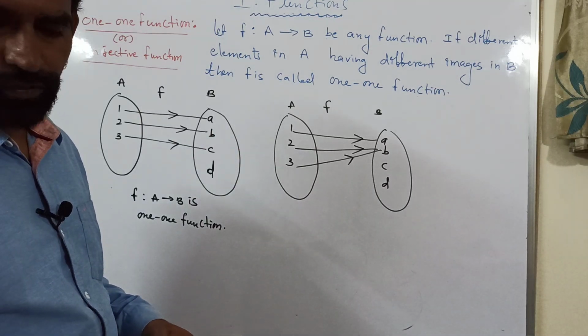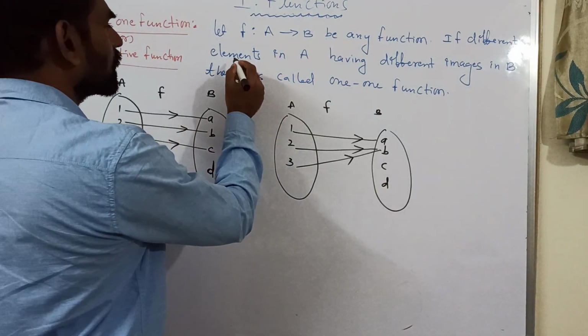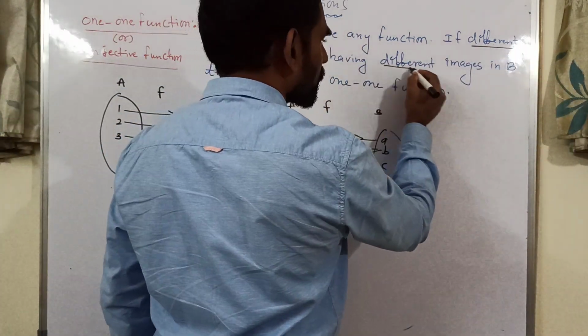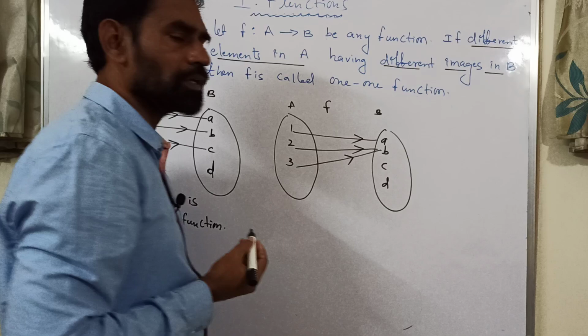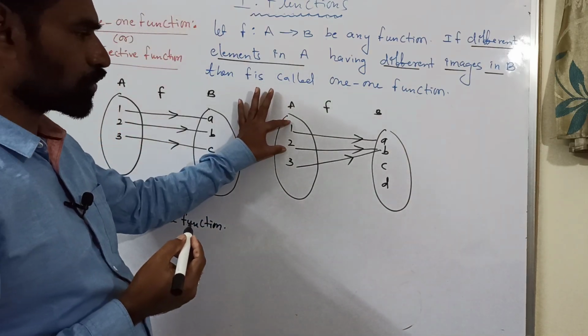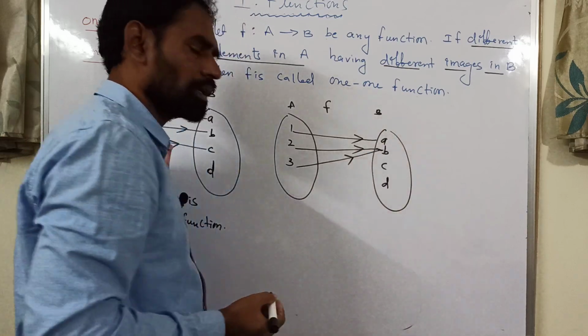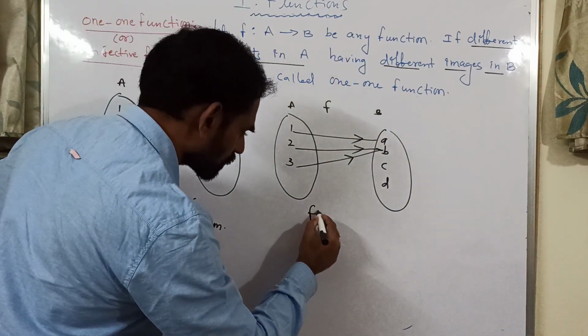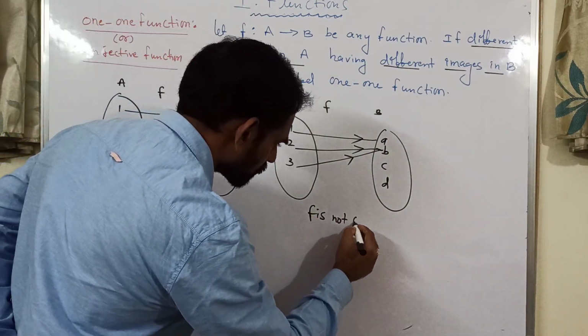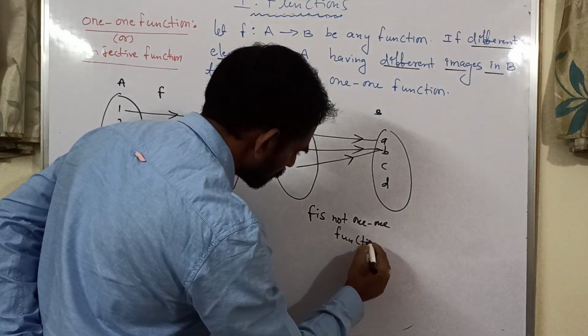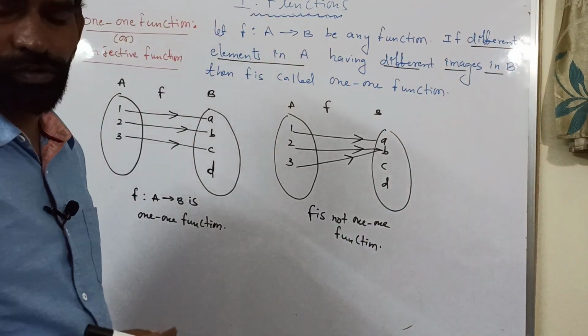Here the definition is: different elements in A must have different images in codomain B. But here different elements 2, 3 have the same image. That's why in this example f is not a one-one function.